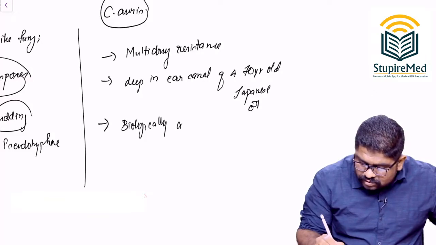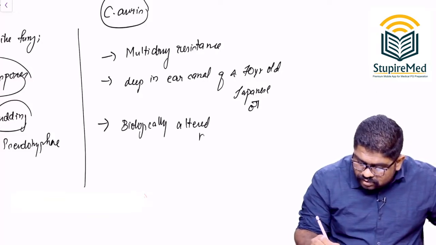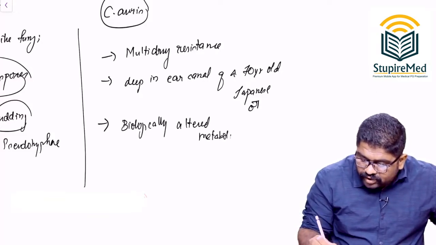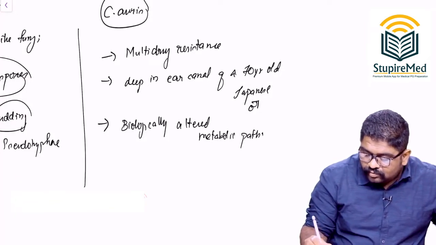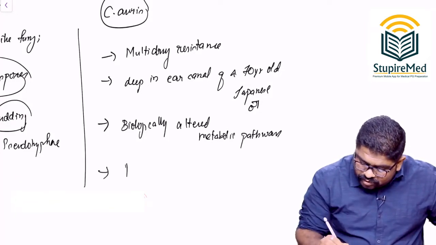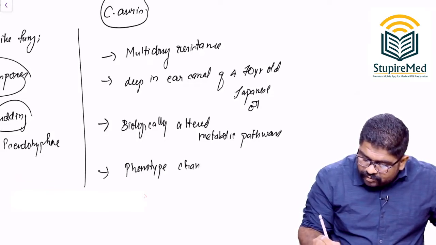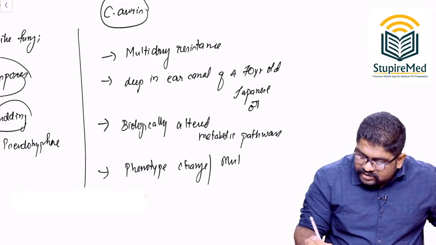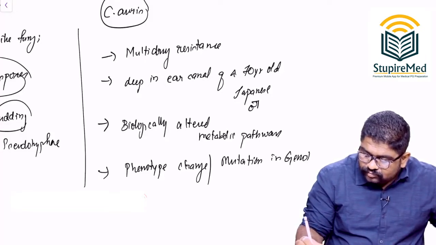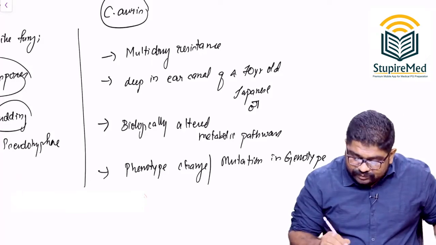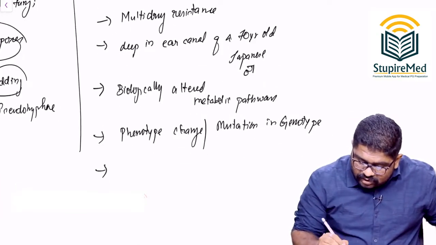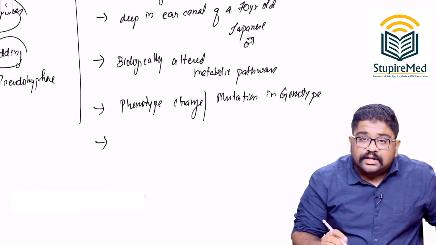Okay, it has biologically altered metabolic pathway and phenotype change has happened because of mutation in the genotypes. Mitochondrial gene analysis has been done for the organism, and they have tried to use all the types of azoles.